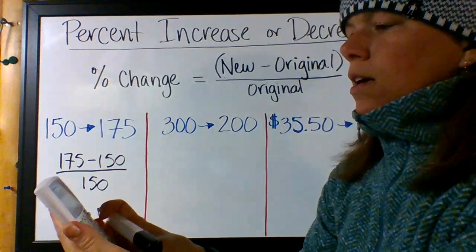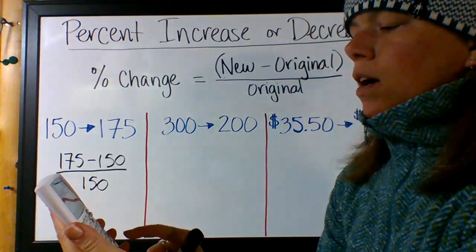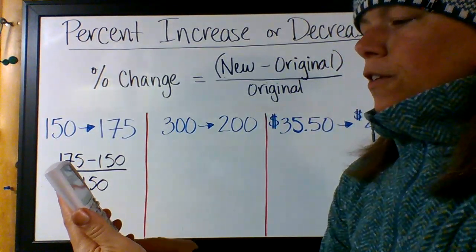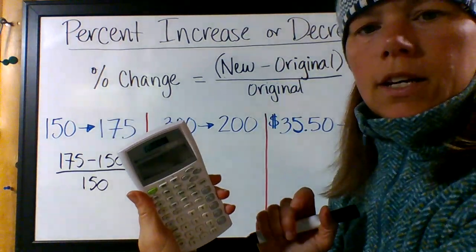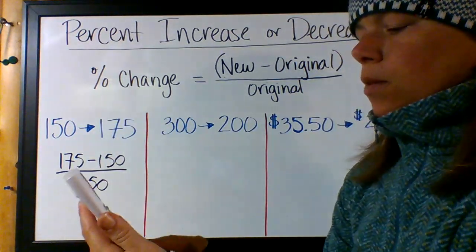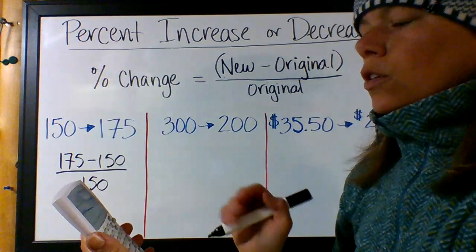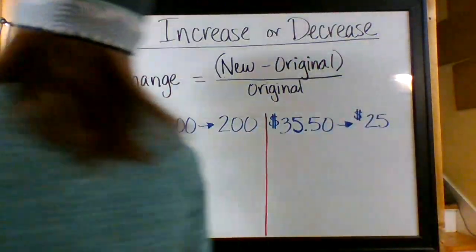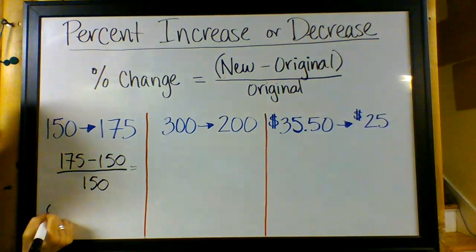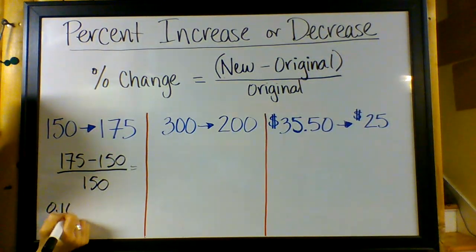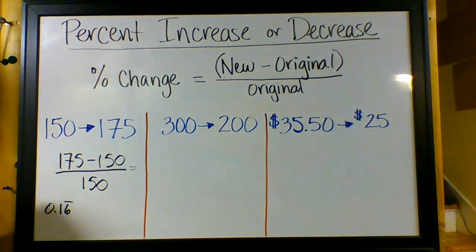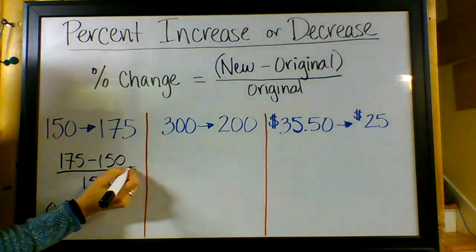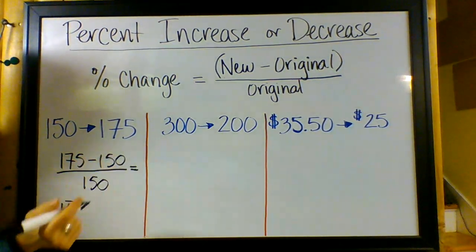So I am going to do 175 minus 150, even though I know what that is. I got 25 divided by 150 equals 0.16 repeating. If I were doing this on paper, I would write that next to it here.